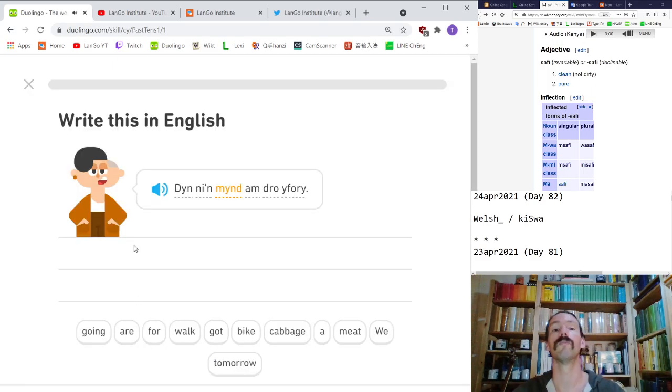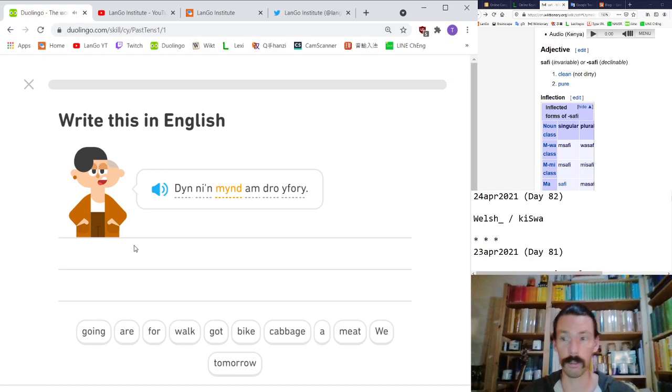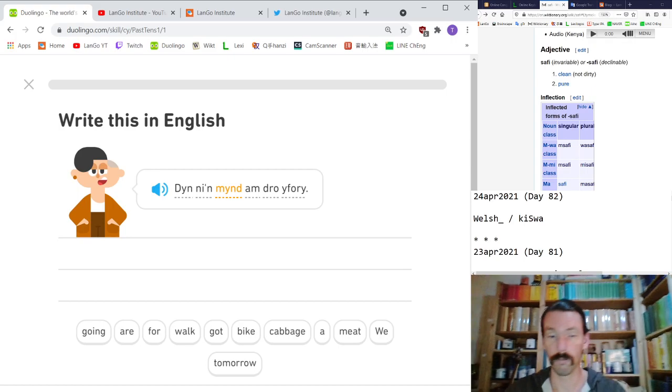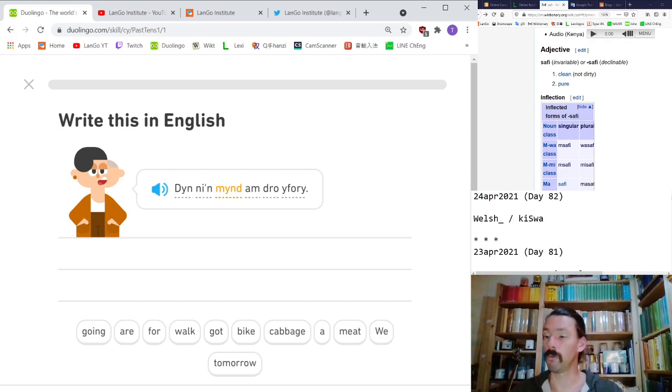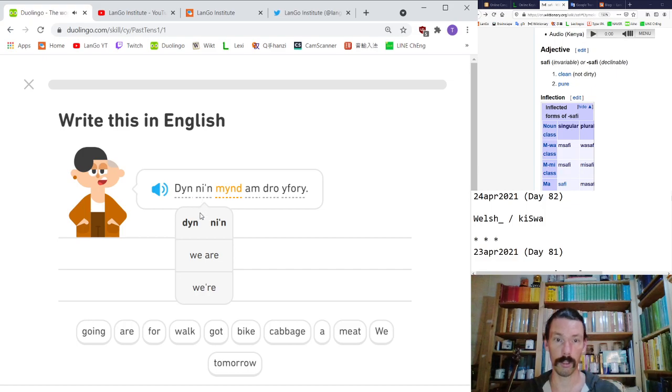Dyn ni'n mynd am dro yfory. We're starting to see new pronouns as of the last time we looked at Welsh. For a long time it was just I and you, and now we've got ni, we. Ni'n. Dyn. We are going. I noted that the last consonant on the verb, dyn, precedes the first consonant, if there is one, on the pronoun.